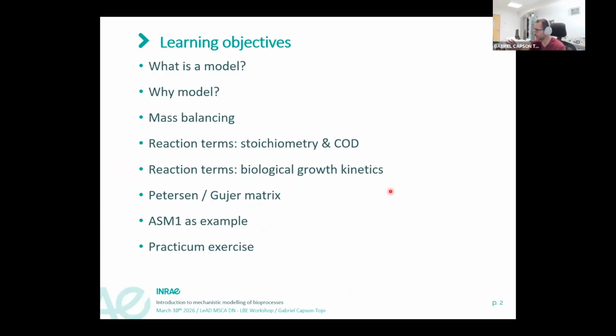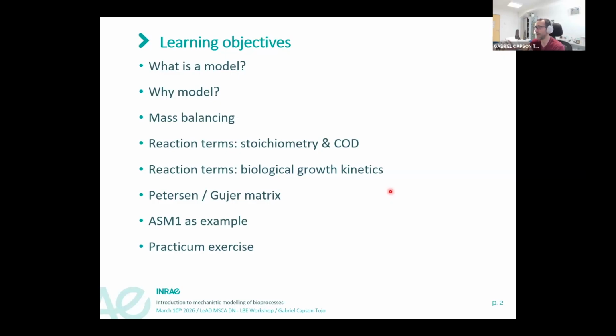And then we're going to go through the main two terms that you have in reactions in these models, which is basically stoichiometry, which comes back to a mass balancing issue, and the kinetics, which is what Yoram was mentioning right now with the Monod equation, which is the one that we're going to be mostly talking about today.